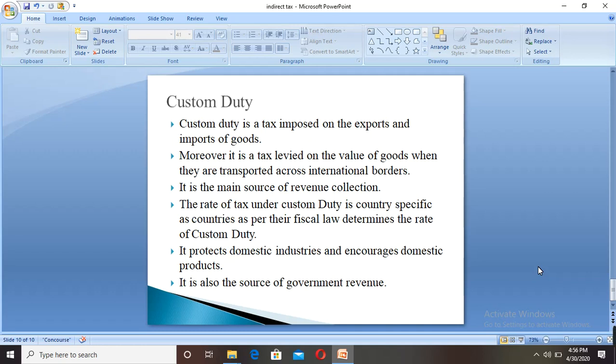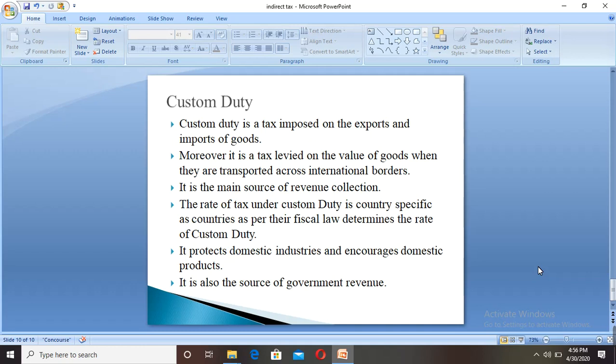A nation does not produce all those products which are demanded or required by our customers or by our citizens. So government purchases many products from international countries, from neighboring countries, to satisfy the demands and needs of the citizens.